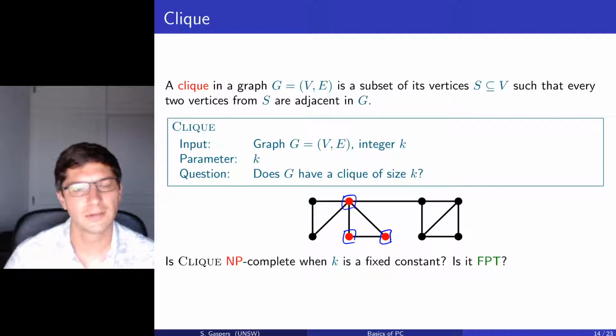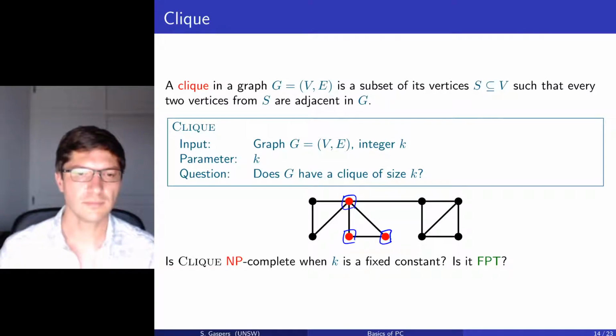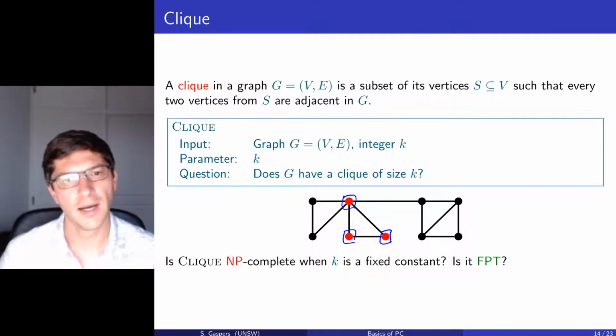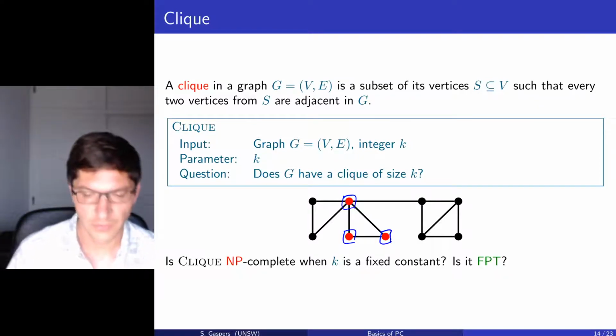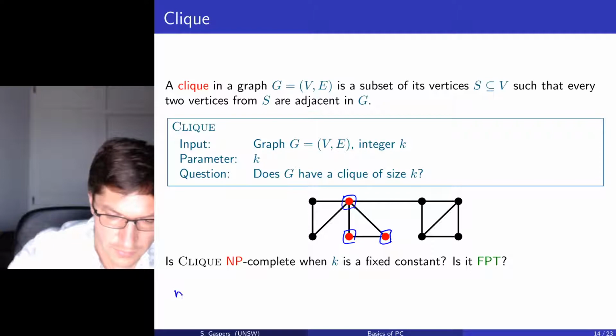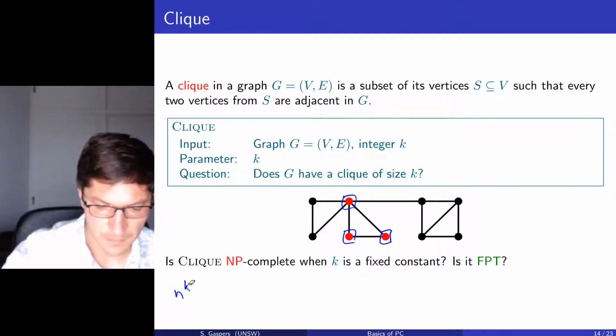When k is a fixed constant, this problem is not NP-complete, because for any fixed constant k, we can check whether there are k vertices in the graph that form a clique. So we have this n^k algorithm. Let's write it as n choose k.